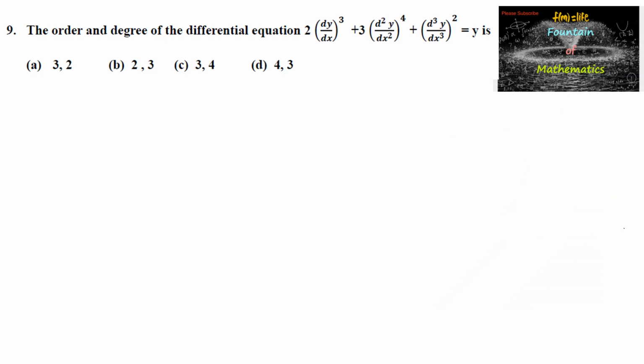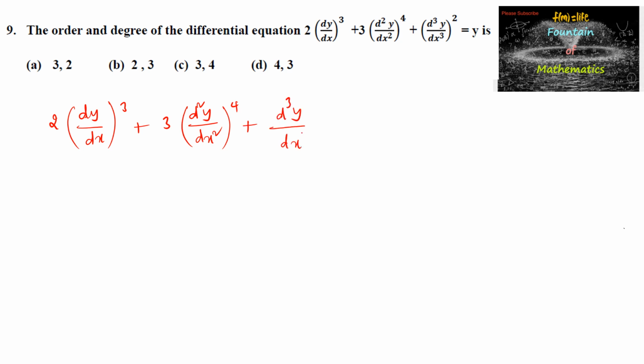Find the order and degree of the differential equation 2 times of dy by dx whole power 3 plus 3 times of d square y by dx square whole to the power 4 plus d cube y by dx cube whole square is equal to y.